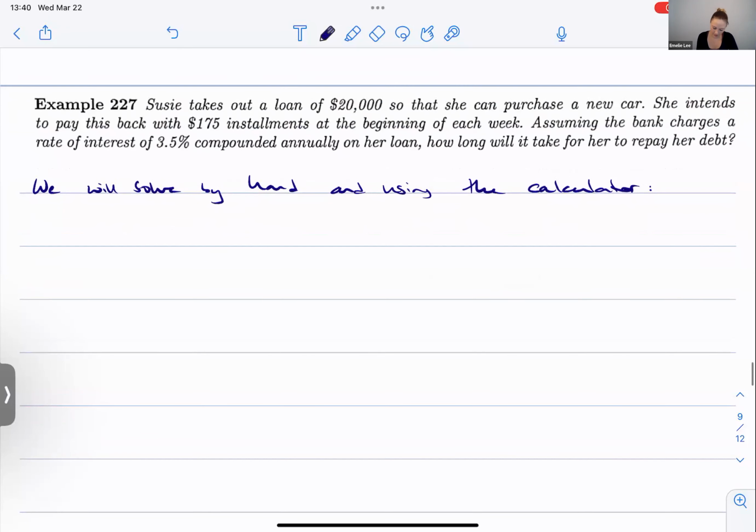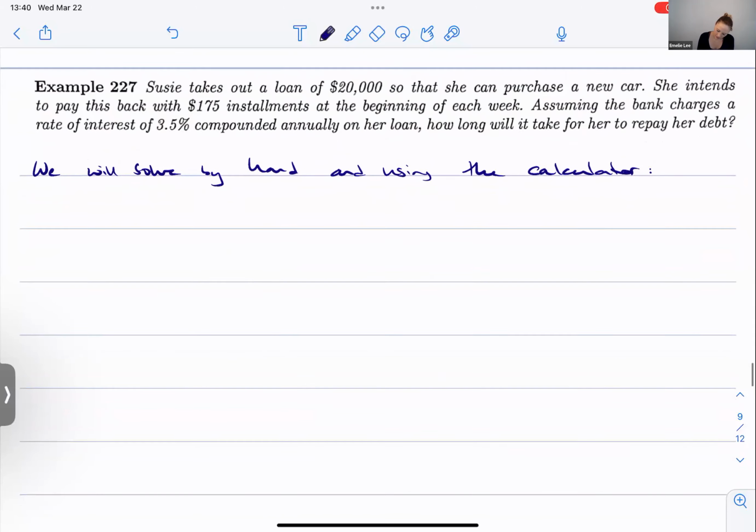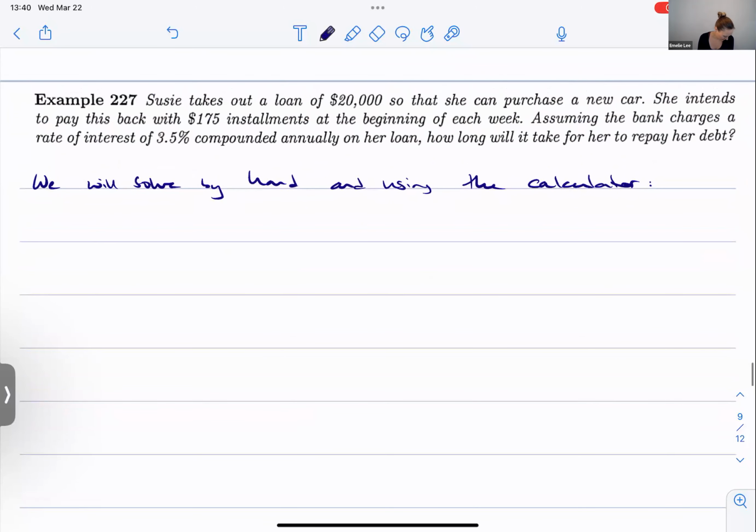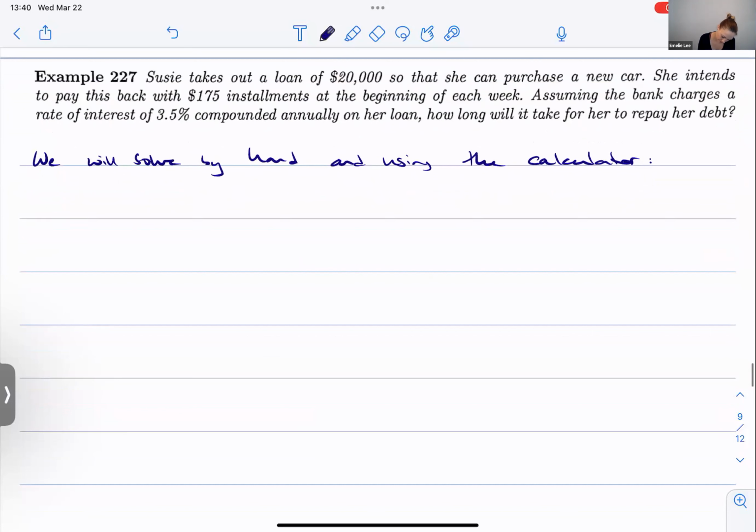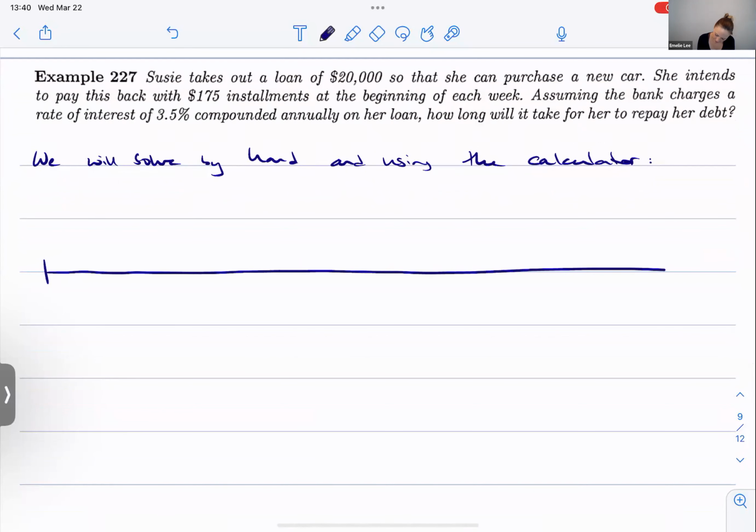Okay. So first thing first, let's highlight a couple of things. So we're told that, how about I just jump right into the timeline. Today, we haven't done that before, right?